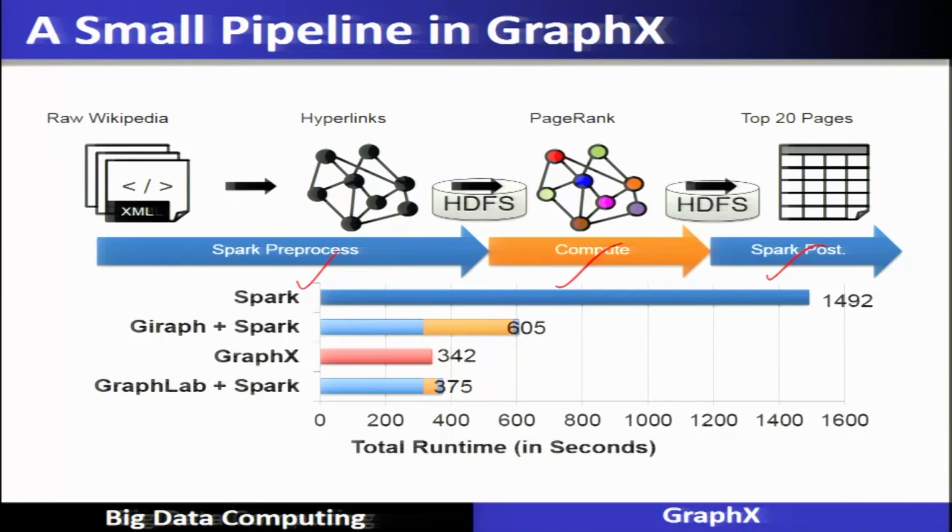If we use this particular pipeline, you see that the smallest time is with GraphX. Why?